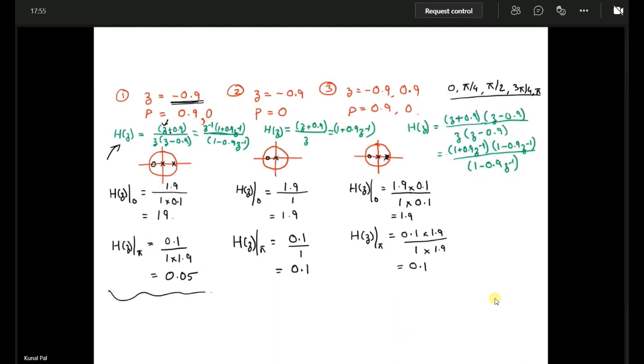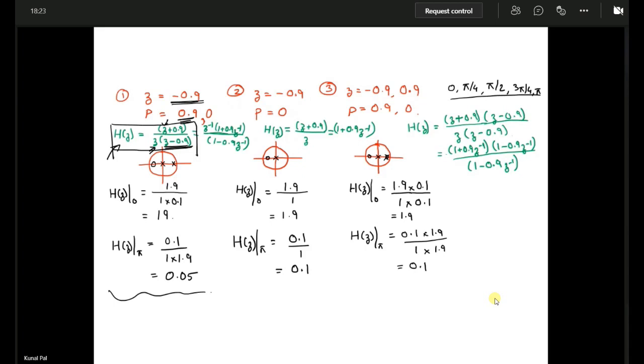So this comes out to be plus 0.9 divided by z multiplied by z minus 0.9. Why z? This z is because z minus 0 becomes z, and then z minus 0.9. So this is the transfer function of the system.